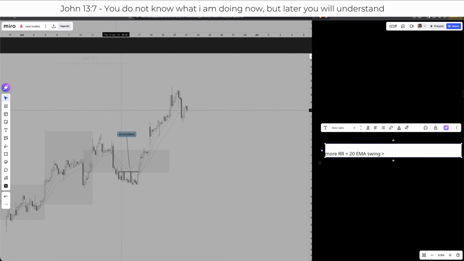And then I get the pause candle low. And then it would be equal with the momentum candle low, which would be more than the pause candle swing.